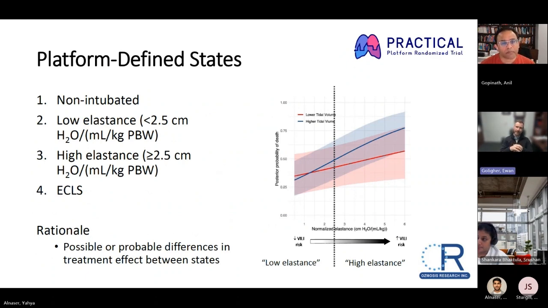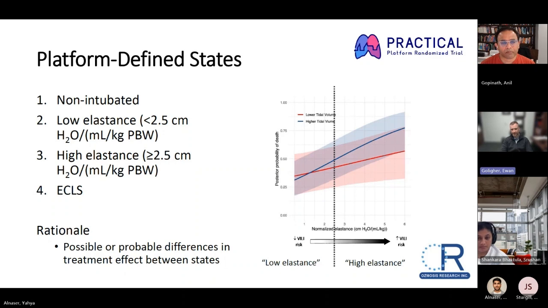The platform defines severity states based on a range of characteristics. One of the most important is the respiratory system elastance. And we believe this is important because it defines the risk of ventilator-induced lung injury based on available data. So patients are defined in 4 basic severity states: non-intubated, intubated, or on ECMO.